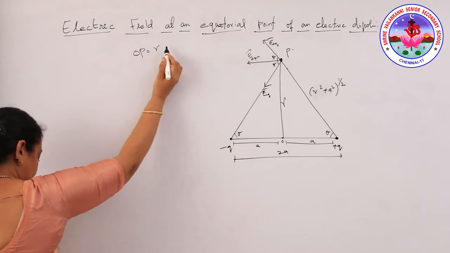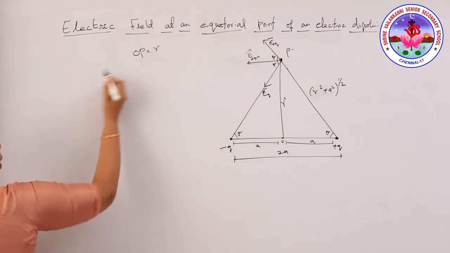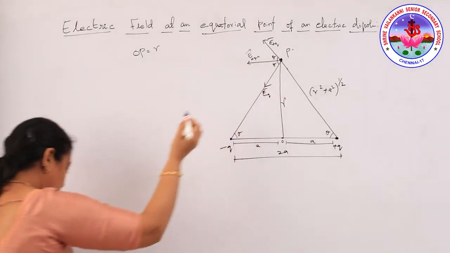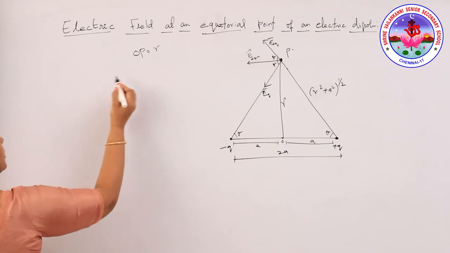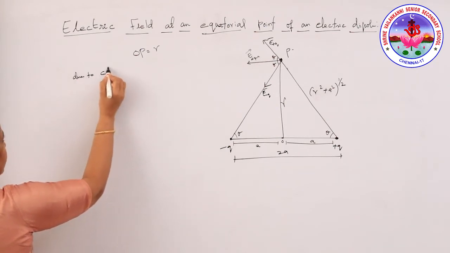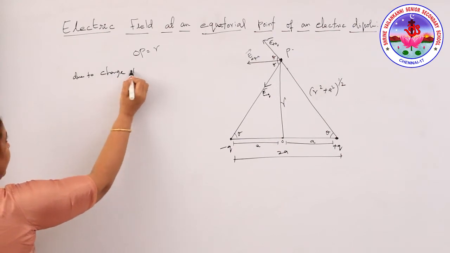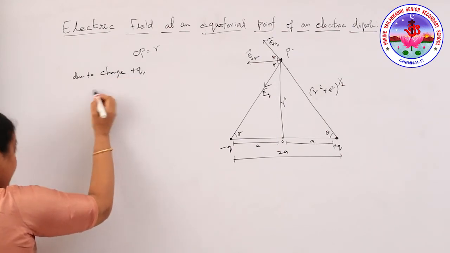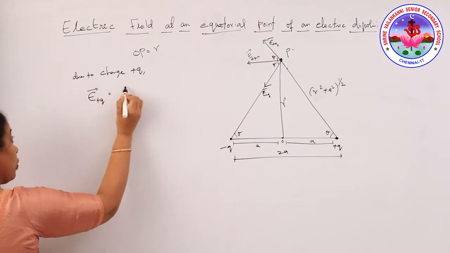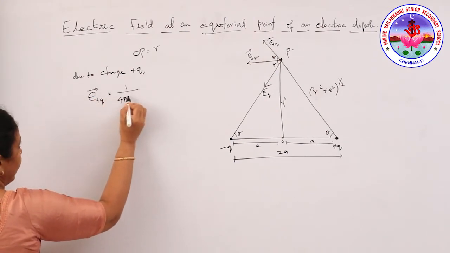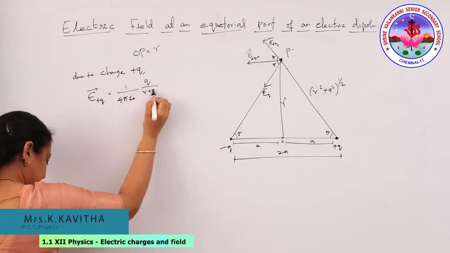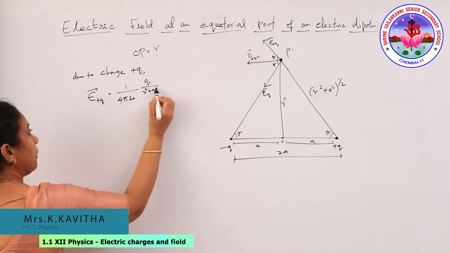R, right. Now, the electric field at point P due to the charge plus Q, we can take it, that is E plus Q vector, which is equal to 1 by 4 pi epsilon naught, Q by R square plus A square.